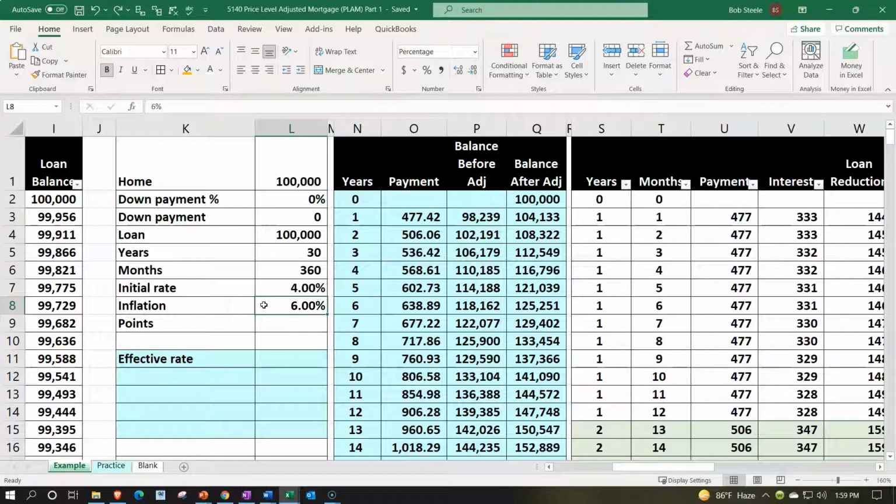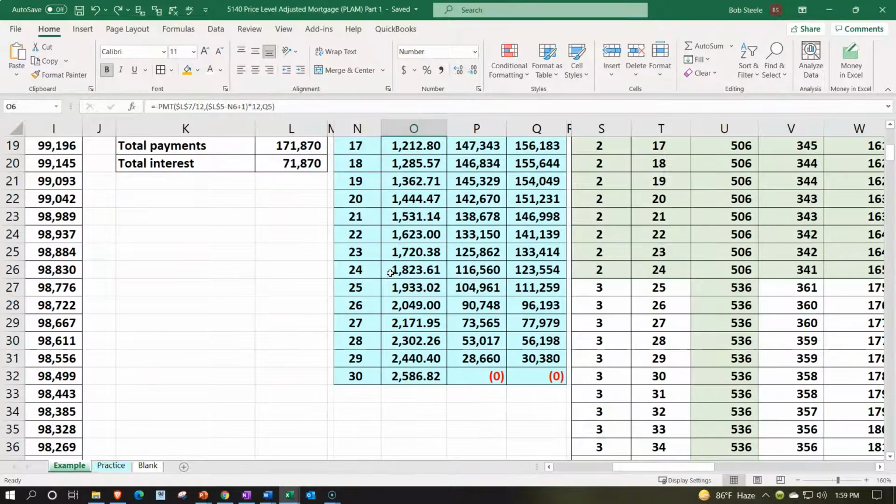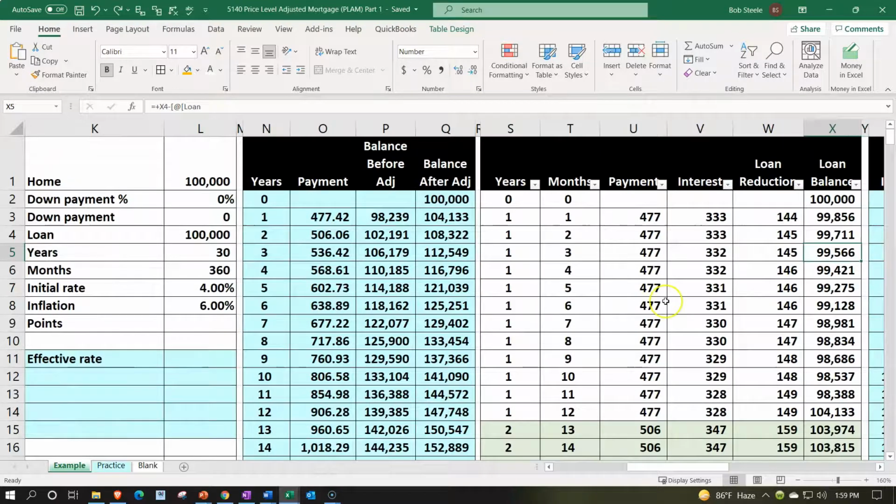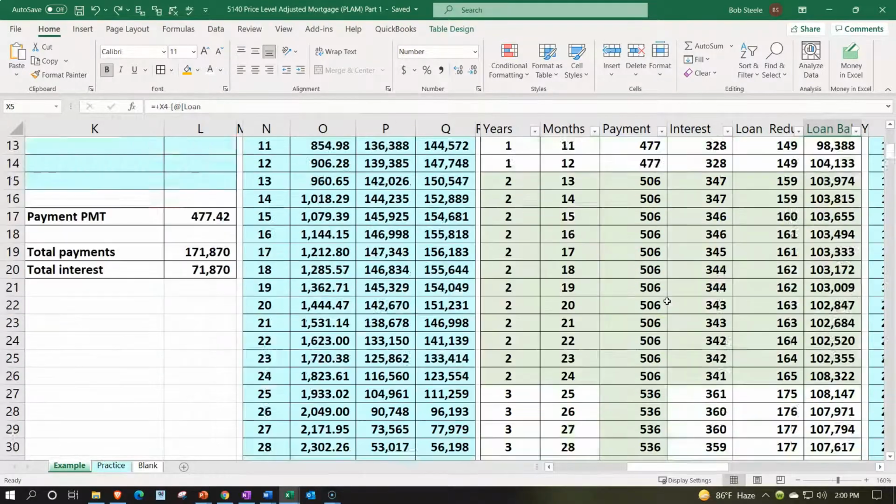But it can be useful to have a nice flat rate that we assume through the life of the loan to make projections on. Once we put that together, we can adjust the inflation rate to see what the impact will be on our calculations. We then made our calculations on a year-by-year basis with this information, and then constructed the amortization table for these adjustments as well, and that's where we left off last time.